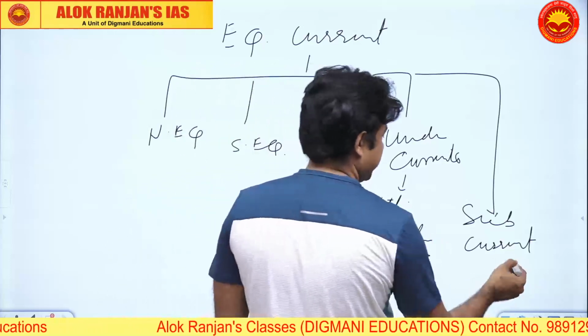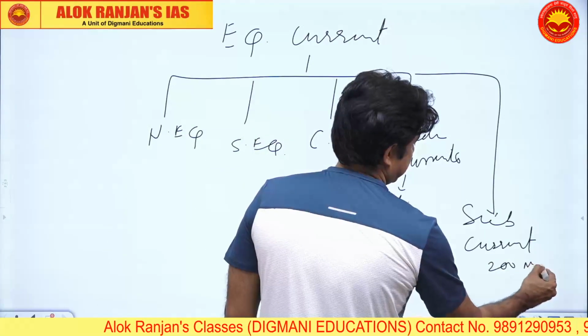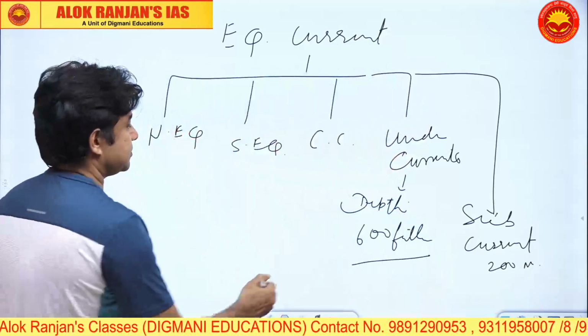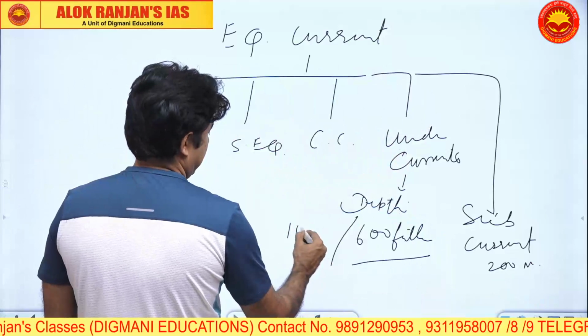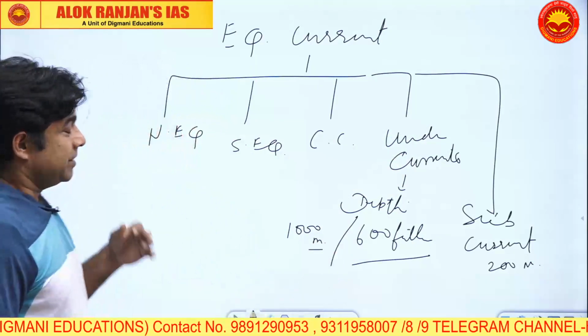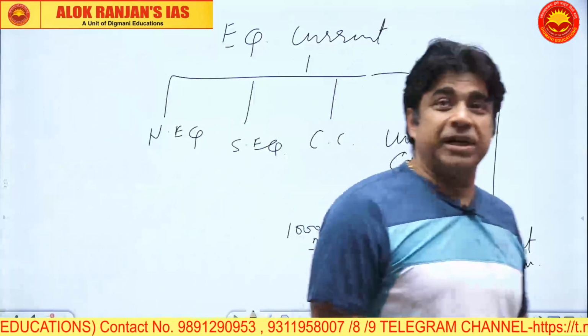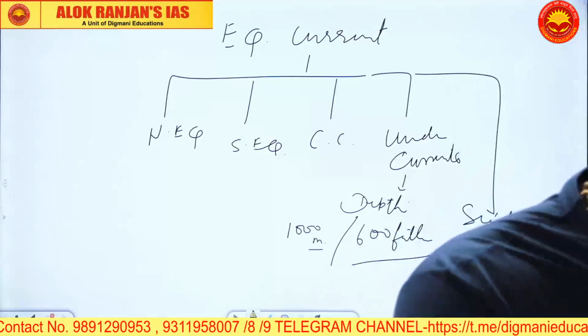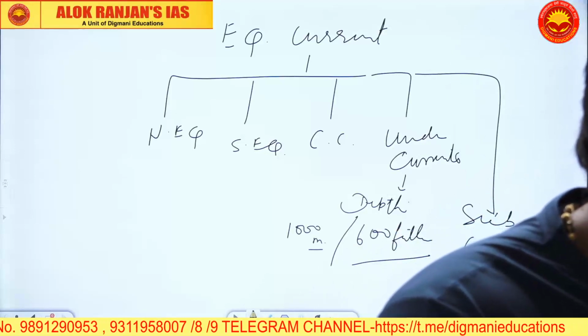And subcurrents will be in the shallow zone, 200 meters, 100 fathoms or so. This could be 1000 meters. This is the description of equatorial current. Please let me know.